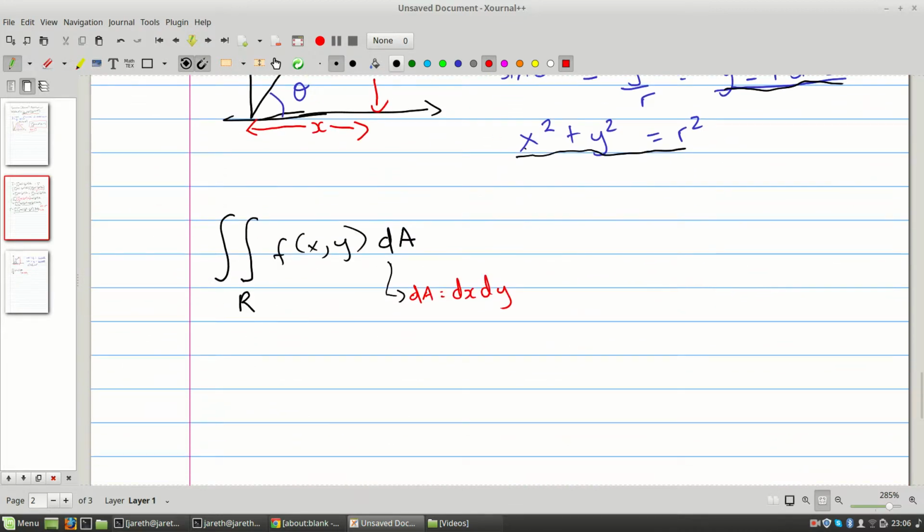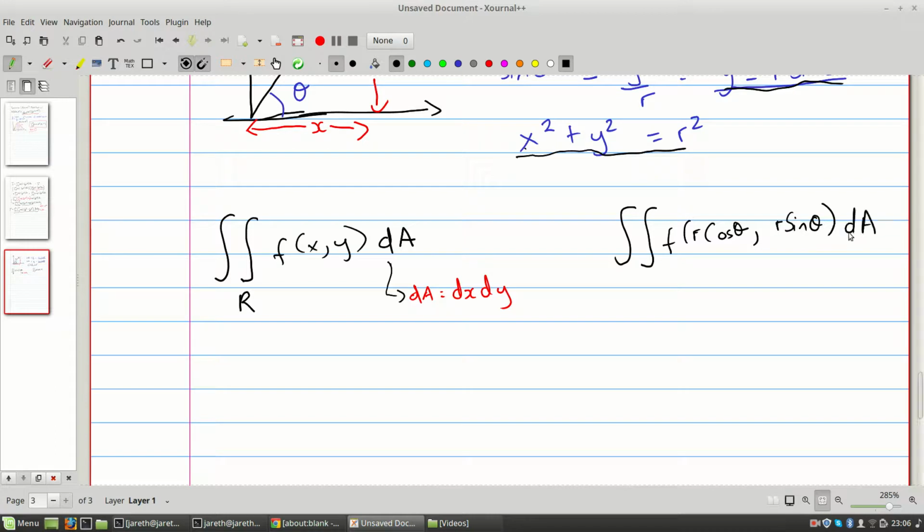We can rewrite this as the integral of f(r cos theta, r sine theta) dA.